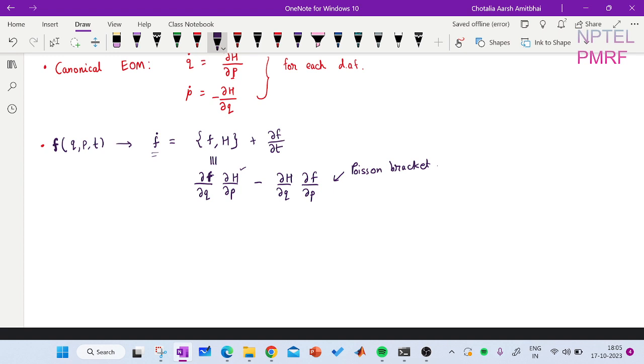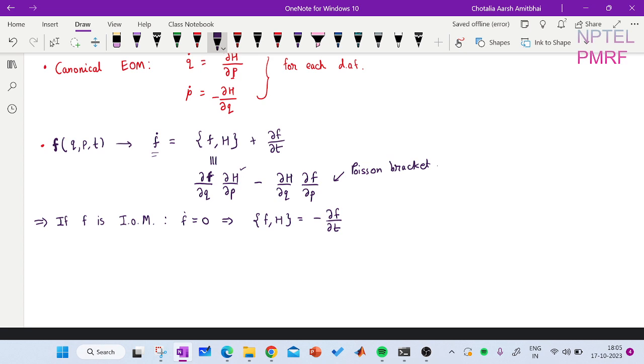So this means if f is a constant or integral of motion, then f dot is 0, which means this Poisson bracket is equal to minus the partial of f with respect to t, right?